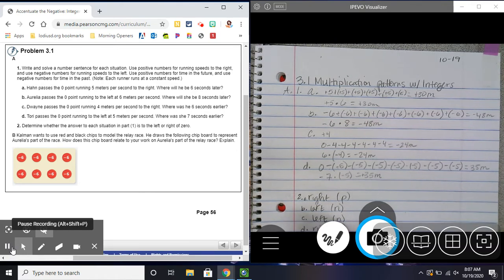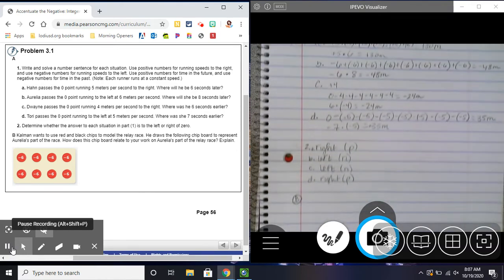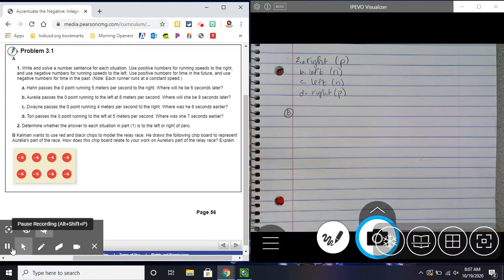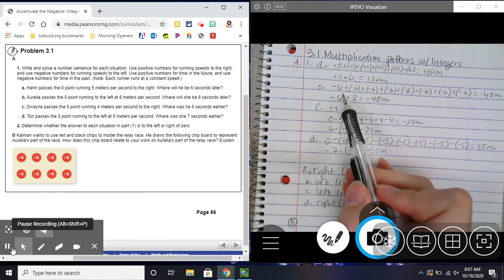Now on to part B. Looking at the picture there in part B, how does it relate to the work for Aurelia's part of the relay race, which would be part B from this one right here?